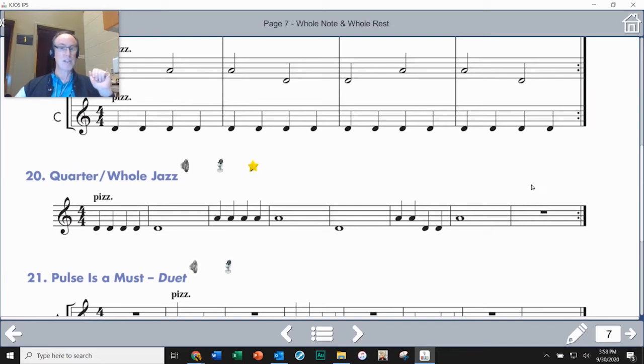So we'll count rest, rest, rest, rest, 4 rests right here on that whole note rest. There's our D. Okay, ready, sing and play. Rest, 2, ready, begin. D, D, D, D, D, 2, 3, 4.